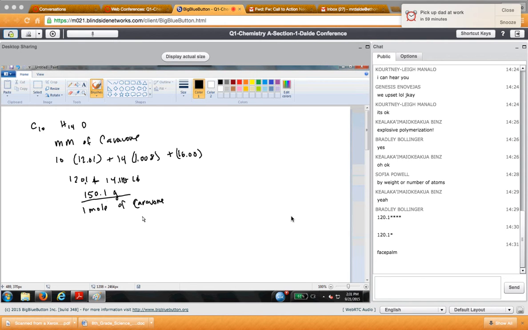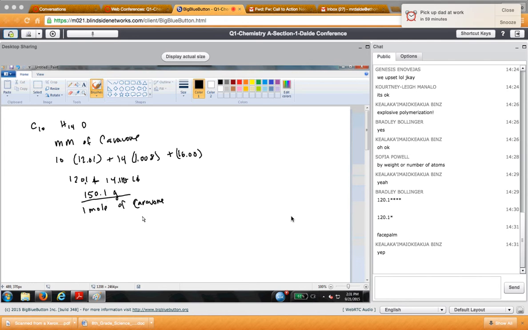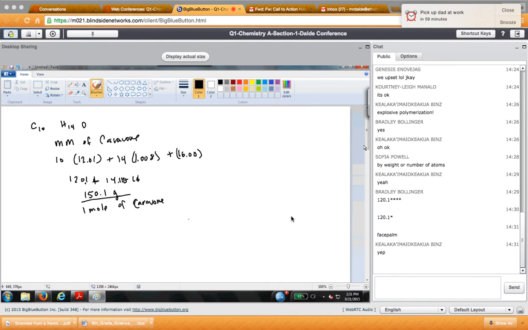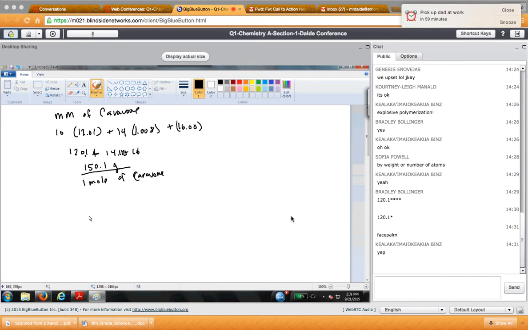So, I guess the question is, what is the percentage of carbon that's inside of this? If we want the percentage of carbon, we know that there are 10 moles of carbon for every 1 mole of carvone.